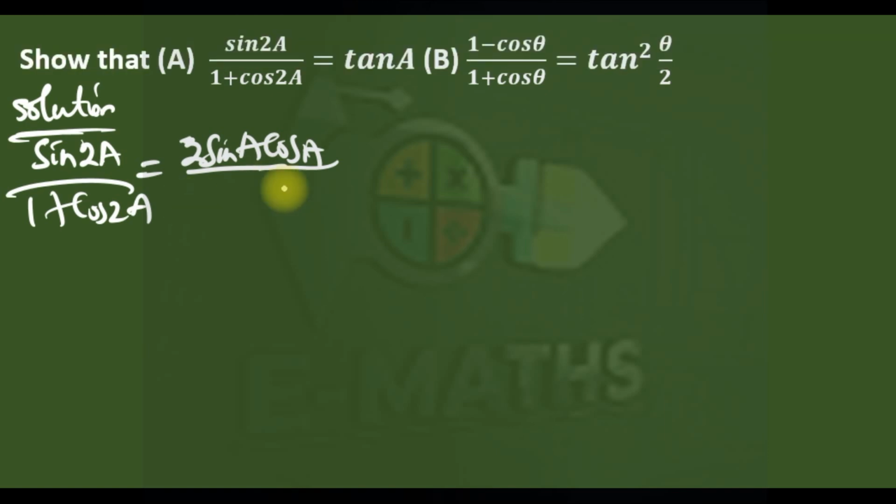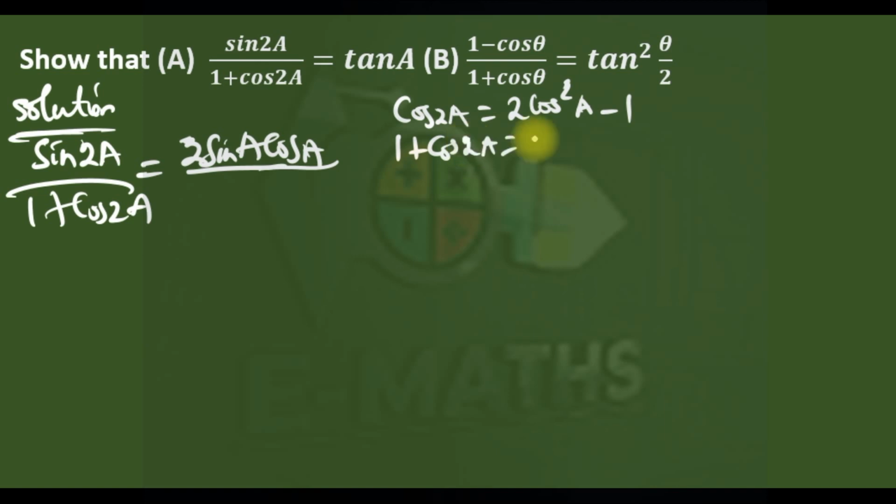So if you could remember, I said that cos 2a is 2 cos squared a minus 1. So minus 1 crosses here to be 1 plus cos 2a. So remaining 2 cos squared a here. So I'm going to replace this with 2 cos squared a.